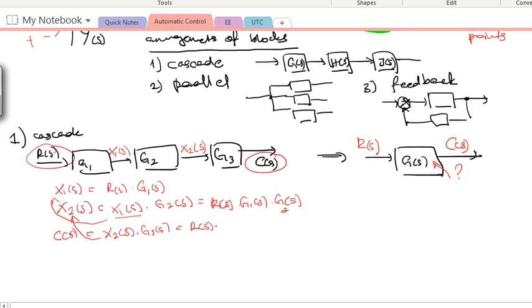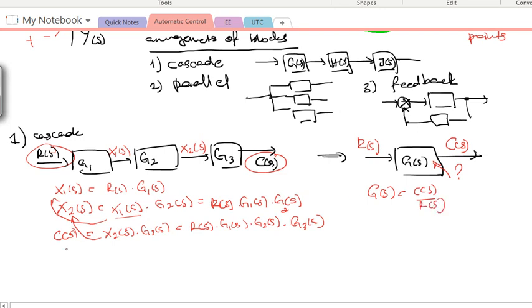So it's R(s) multiplied by G1 multiplied by G2, and multiplied by G3(s), since it's X2(s) multiplied by G3(s). So we can see that we have C(s), R(s), and all the other transfer functions. If we were to write the transfer function G(s) here in the simplified form, we know that G(s) is C(s) over R(s).